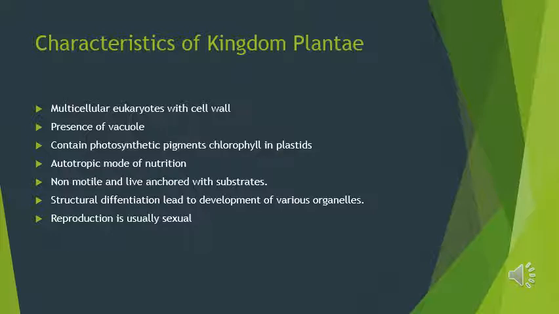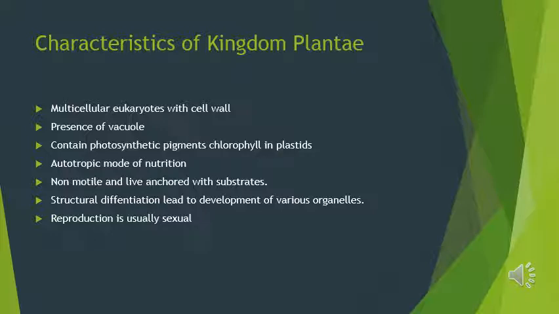Now, let us consider the common characteristics of kingdom Plantae. As you have studied in lower classes, the plant cells have a cell wall that is continuous over the cell membrane. So, plant kingdom is multicellular eukaryotes with a cell wall.